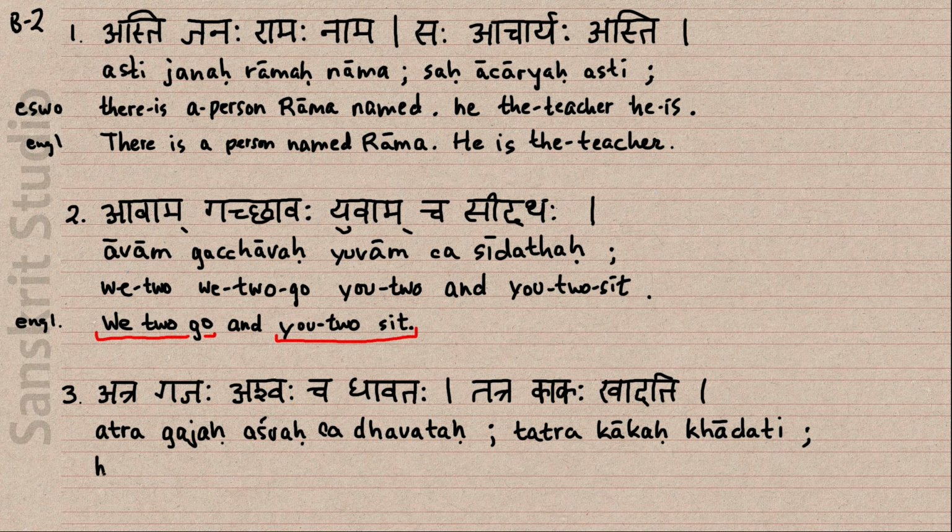So here, atra, here, gajah, the elephant, ashvah, the horse, cha, dhavataha. So we have to have a long a there also.